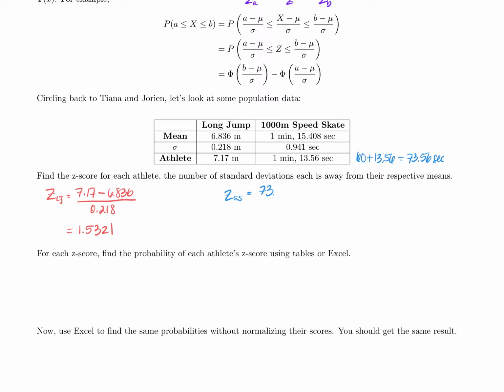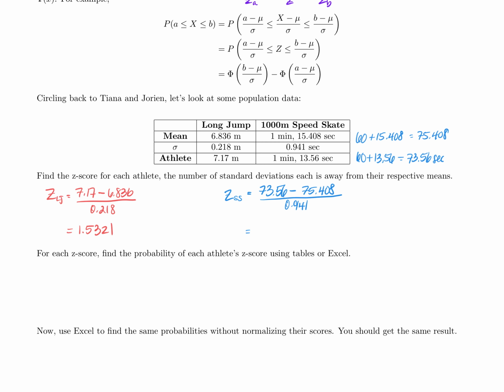So we get 73.56 minus the mean, which is 1 minute 15.408 seconds. So that's 60 plus 15.408 or 75.408. So we're going to get 73.56 minus 75.408, and then we're going to divide it by our standard deviation of 0.941.